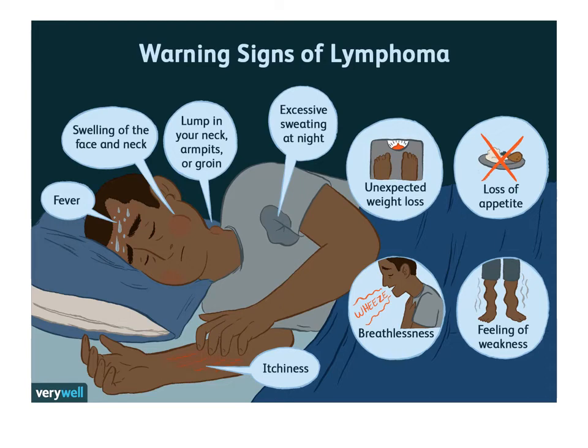Lymphomas can spread to the bone marrow, just like any other cancer, and it can cause anemia, thrombocytopenia, and also a reduced white blood cell count. Breathlessness, again, another potential symptom of anemia, but also some lymphomas cause really enlarged lymph nodes within the chest.